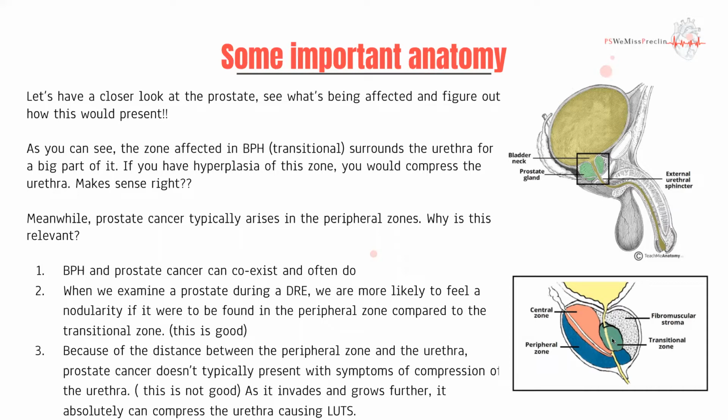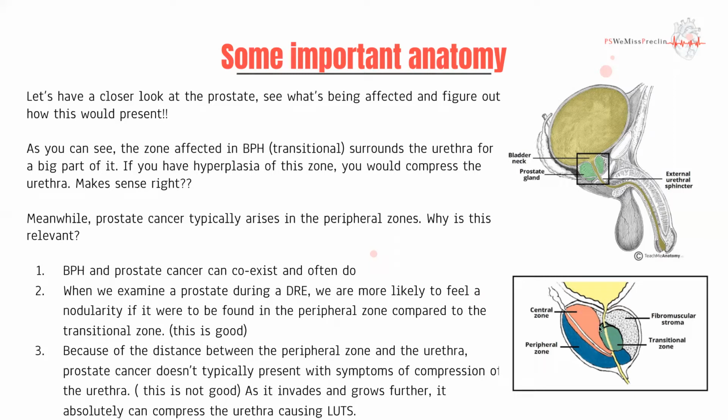As we mentioned, the transitional zone is so close to the urethra, so firstly, a lot of prostate cancers typically do not present with lower urinary tract symptoms, and that is really important. Secondly, because these are two different zones and both are relatively common, you can have both of them coexisting.